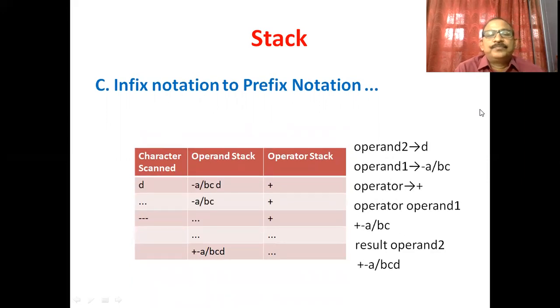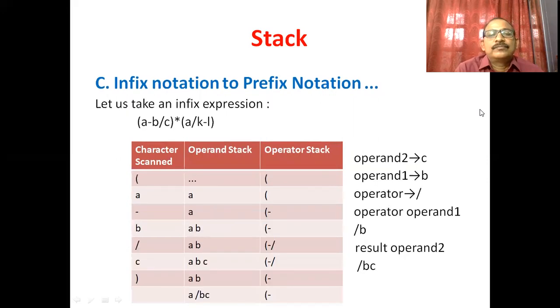Here you can see. Now let us take another, more complicated expression: A minus B forward slash C, into A divided by K minus L. Repeat the same process. Here you can see the left parenthesis is encountered, push it into the operator stack, and in this situation the operator stack is empty.